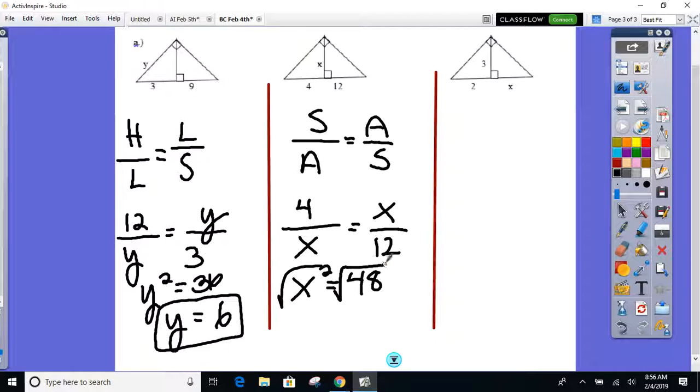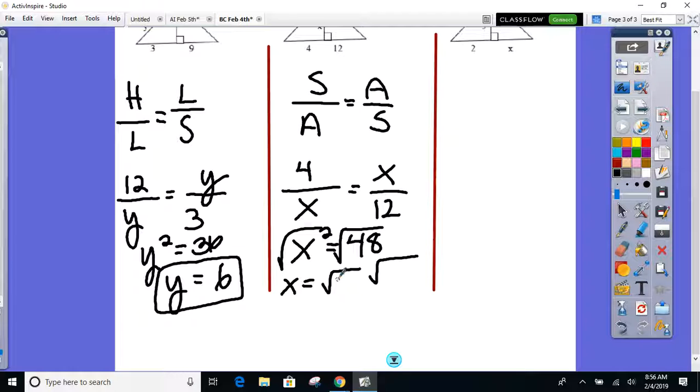Biggest one, 4 is not the biggest one that goes in the 48. It is 16 times 3. So X will be 4 radical 3. A lot easier than trying to match up the sides yourself.